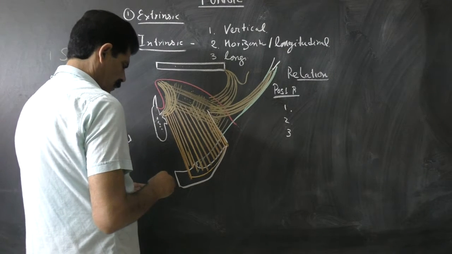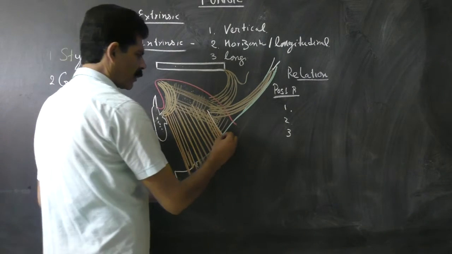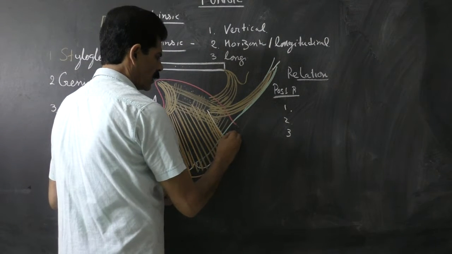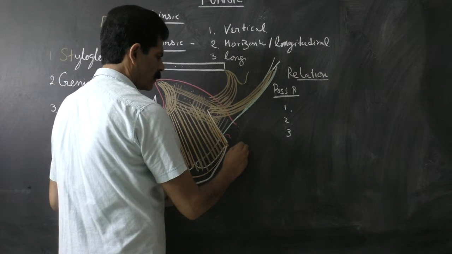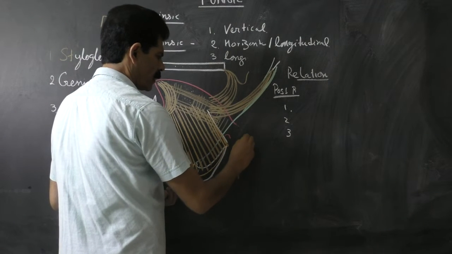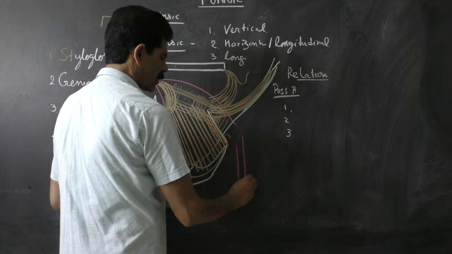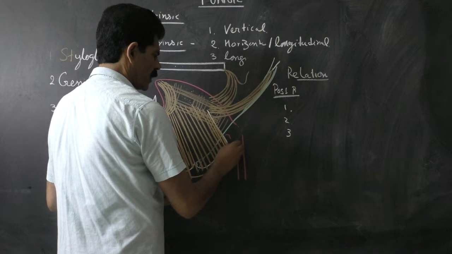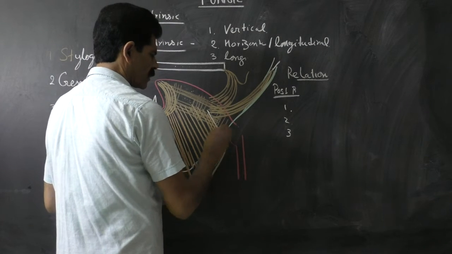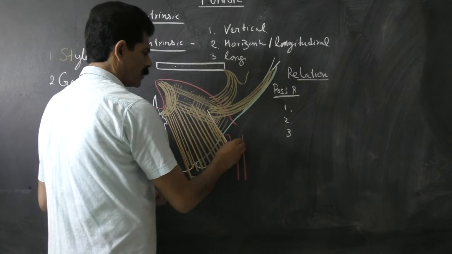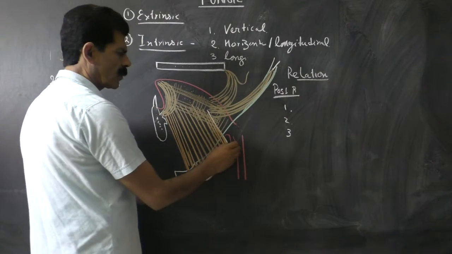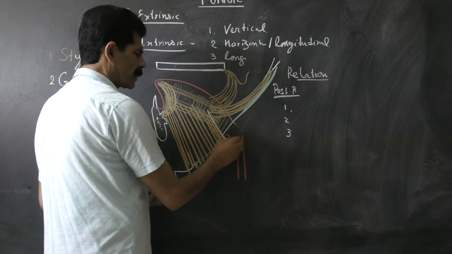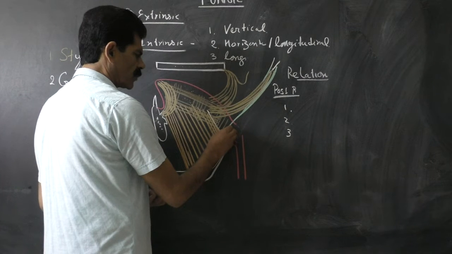Then the posterior border is also related to the artery which is a branch of the external carotid artery. The external carotid artery has 8 branches. At the level of the tip of the greater cornu, the external carotid artery gives the lingual artery as a branch.